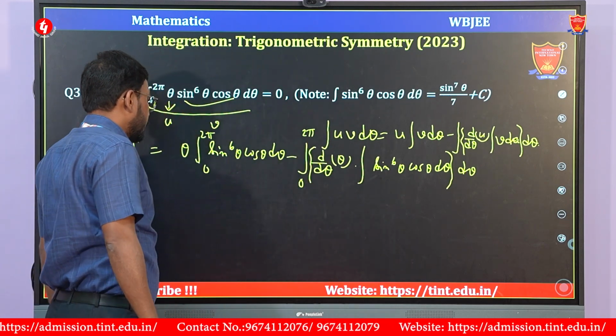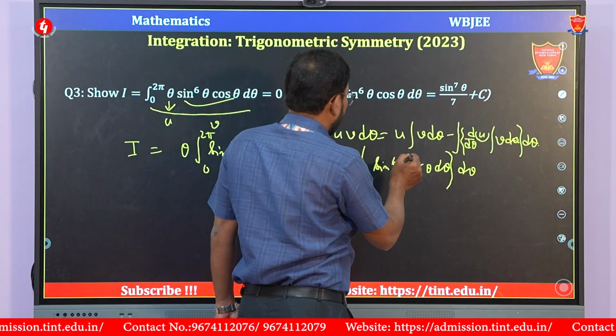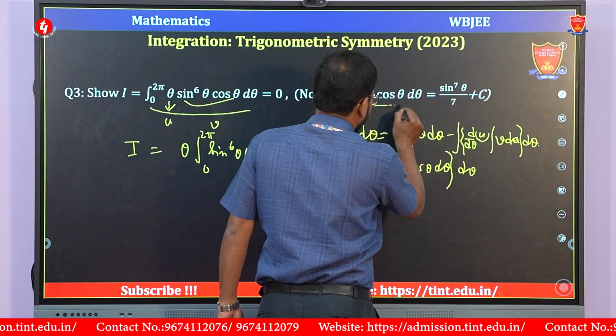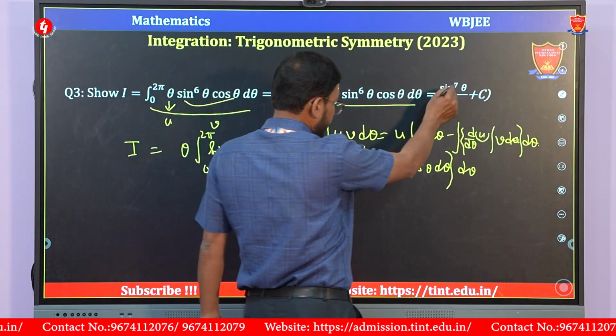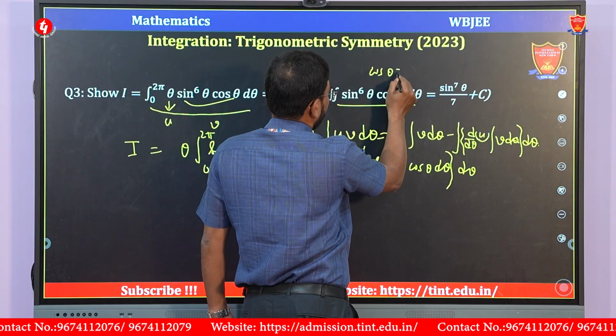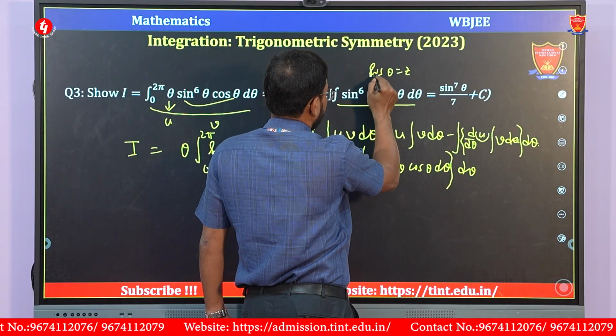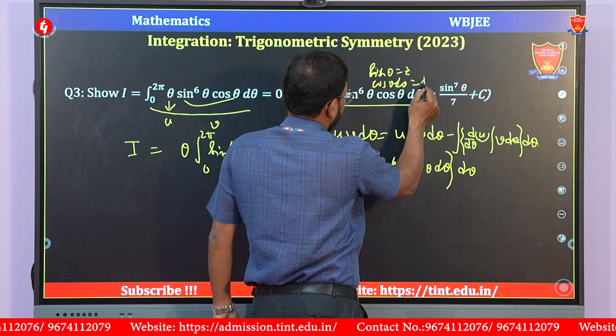One thing I am just telling you: what is this integration? The integral of sin 6 theta cos theta d theta is sin 7 theta by 7. Very simple integration: just substitute sin theta equal to z. So, cos theta d theta is dz.